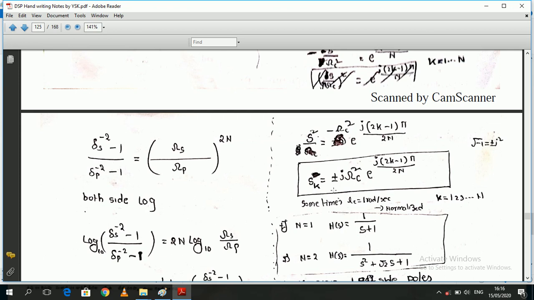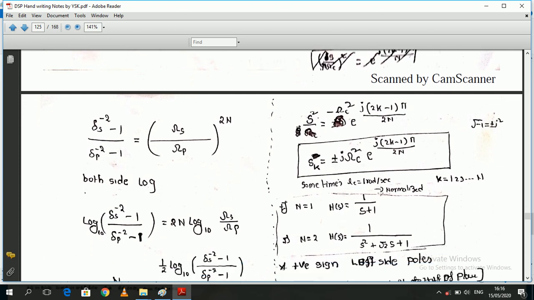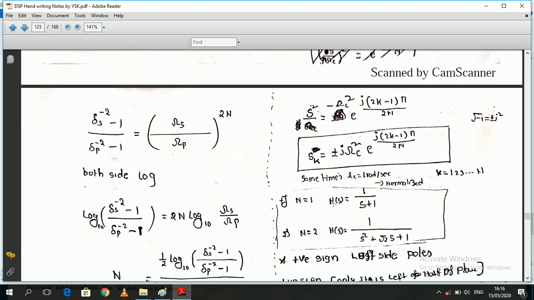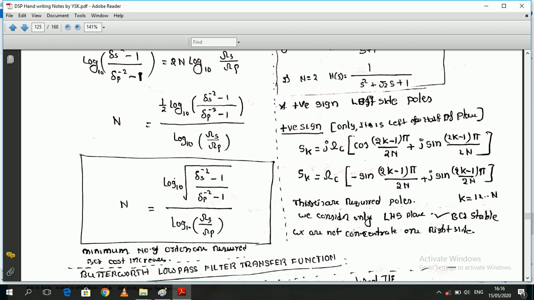So sk is equal to plus or minus j. This is the pole. For example, if the order is n equal to 1, then it is 1 by s plus 1. If the order is n equal to 2, it is 1 by s squared plus root 2 s plus 1, which is of the form s squared plus b s plus c. So those are the required poles. We consider only the left half of the s plane because it is stable. We are not concentrating on the right side poles.